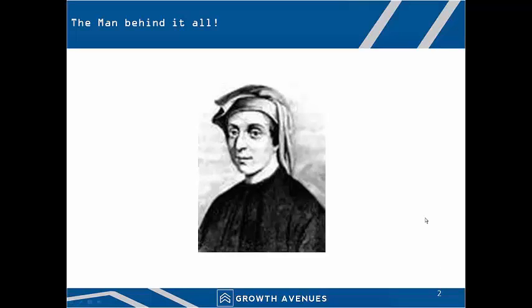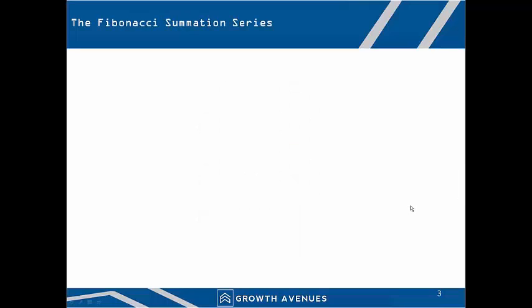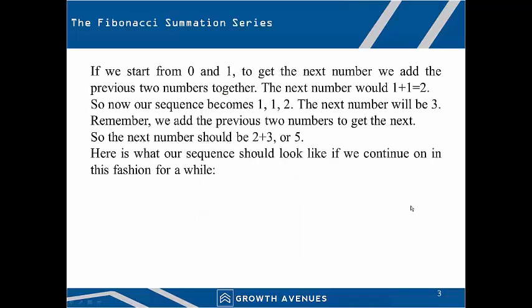So let's go ahead and look at what is behind this Fibonacci summation series. And here is what it is. For those who know, it'll be just a repetition. For those who don't, this is how we get our summation series. It is the sum of any two numbers, right?